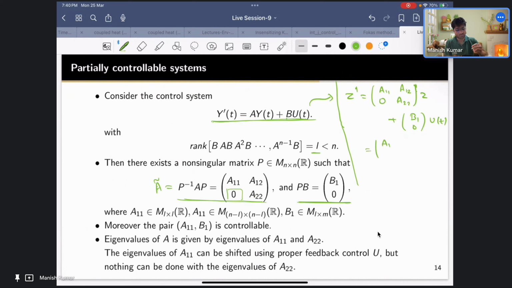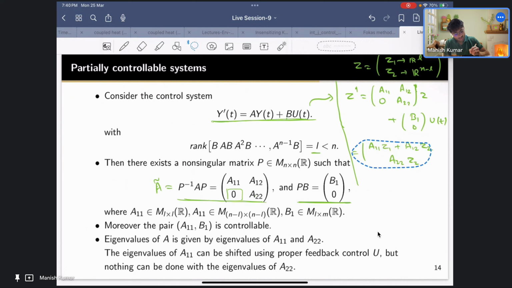I'm writing Z as Z1, Z2, where Z1 is in R^L and Z2 is in R^(n minus L). So this would be A11 Z1 plus A12 Z2, and this would be A22 Z2, and with control it would be plus B1 U.